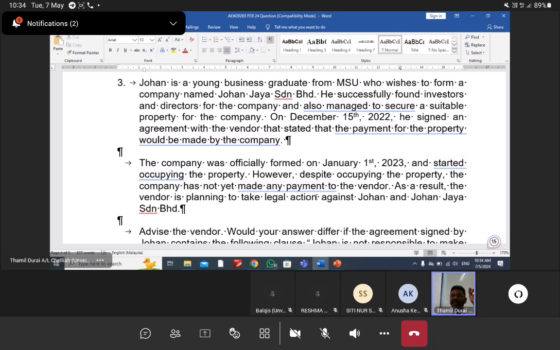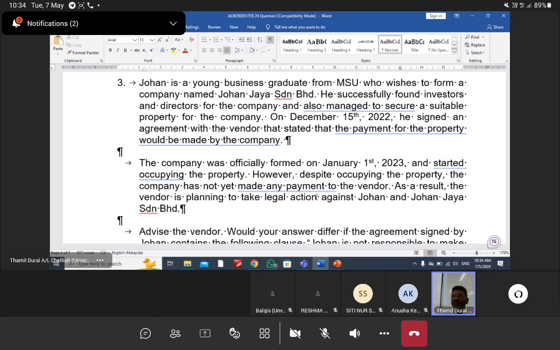Once the contract is entered, you are going to get the principal to ratify. The principal is yet to exist at the time you enter into the contract. So where is the ratification? Is there a ratification? That's the question. If there is ratification, the company is bound.